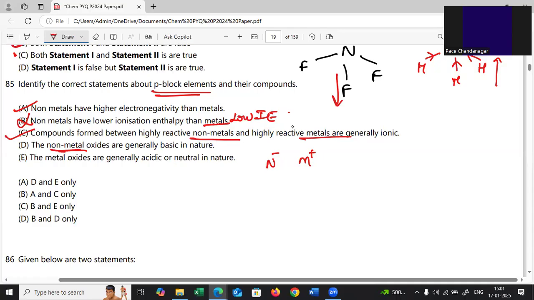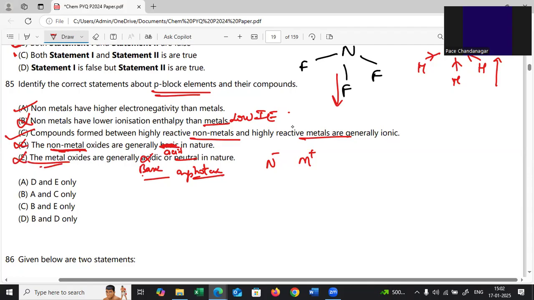No, non-metal oxides are acidic in nature, so option D is wrong. Metal oxides are generally basic or amphoteric in nature, not neutral.